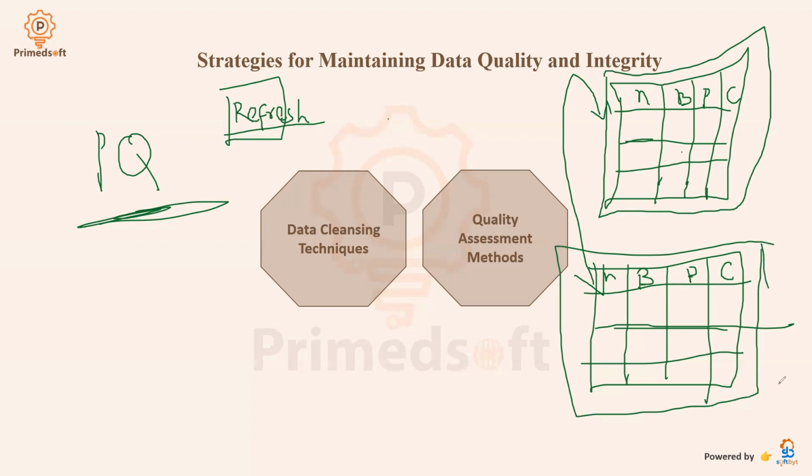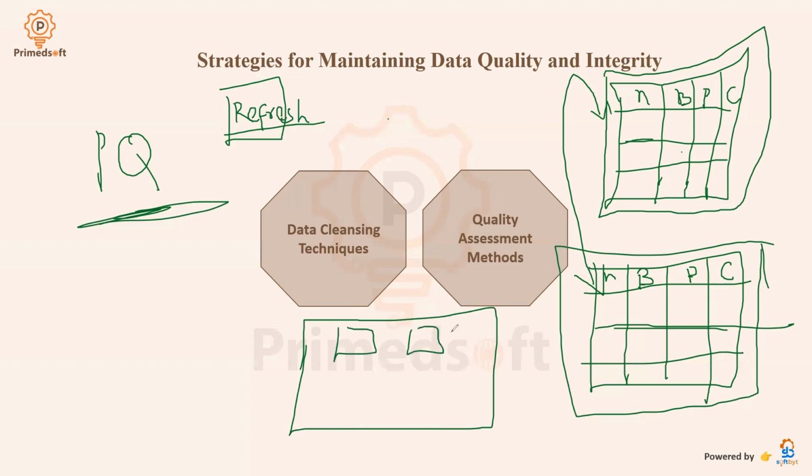After performing it, it will attach it to the existing data sets, and automatically you will see the changes on your dashboard. That's how beautiful this thing is. The changes will just show on your dashboard.